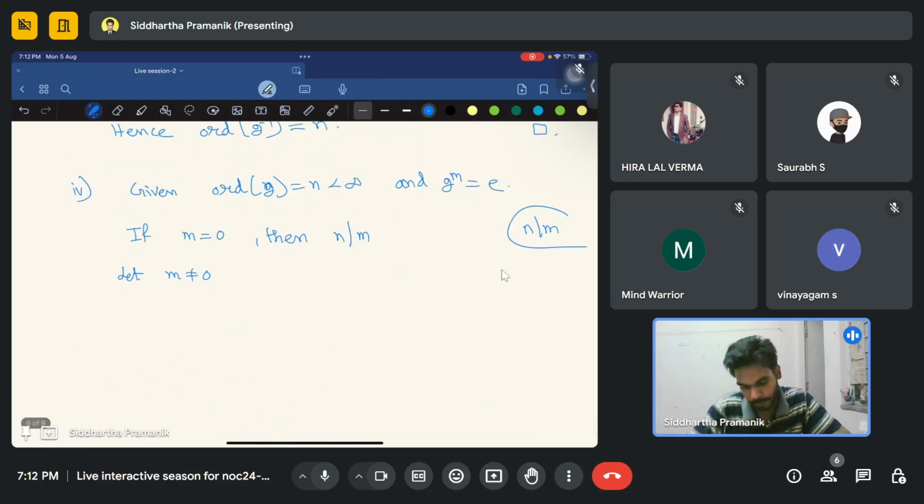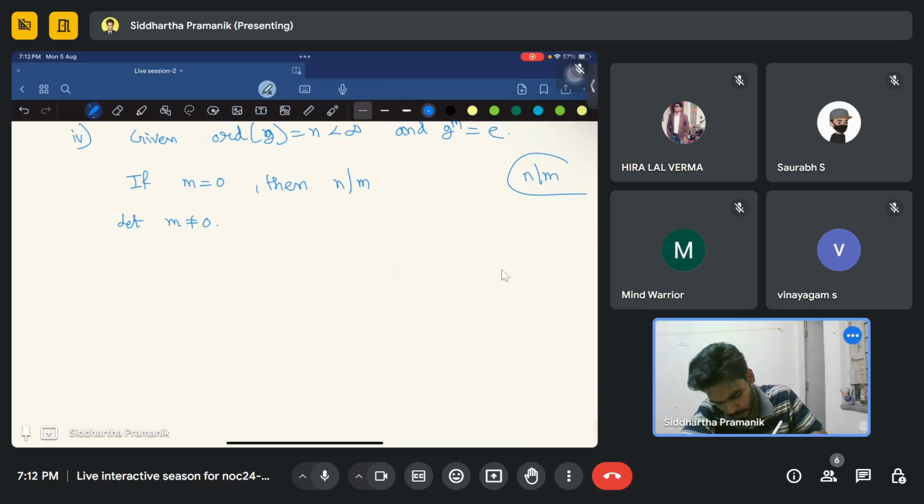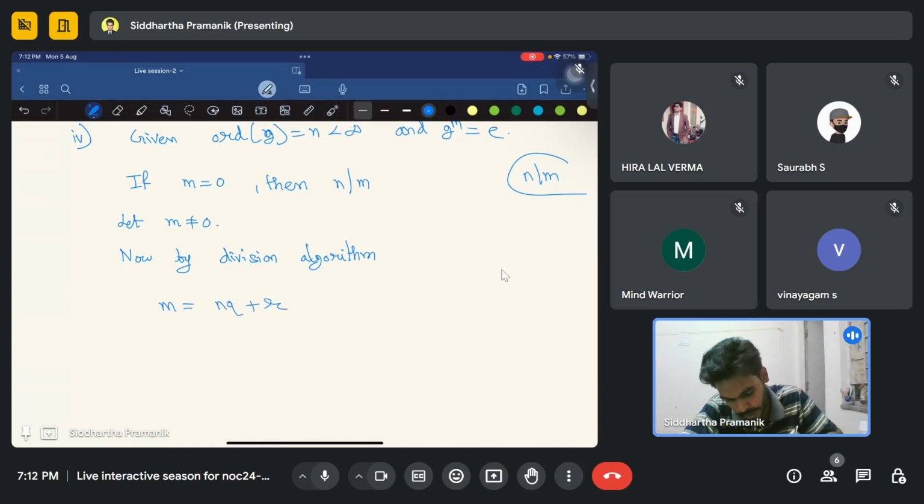Now I hope all of you know the division algorithm. By the division algorithm, we want to divide m by n. m equals n times some q plus r, where q is the quotient and r is the remainder.